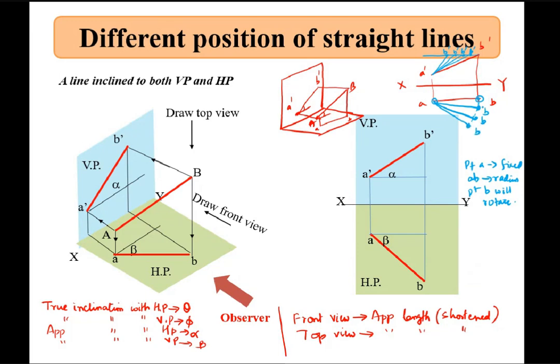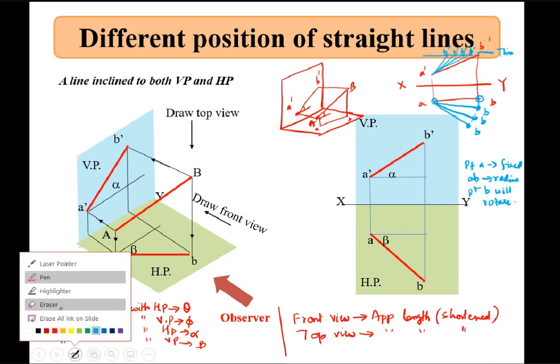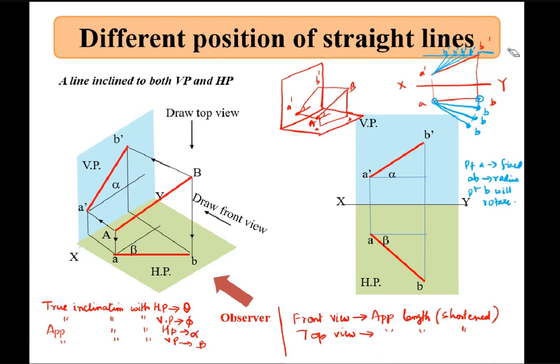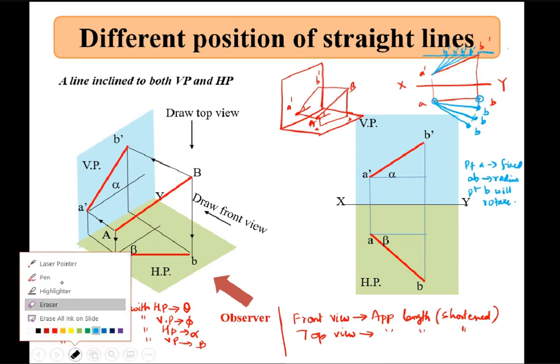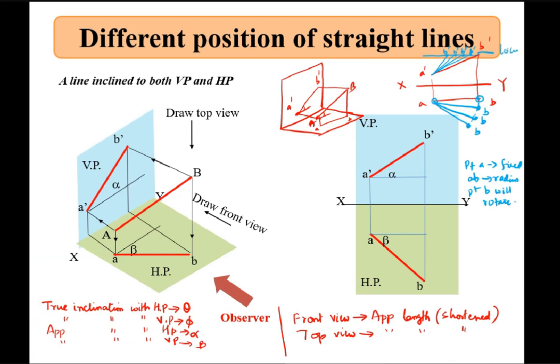So this is one locus line, and this A dash B dash is another locus line. Up to this, is it clear to you?